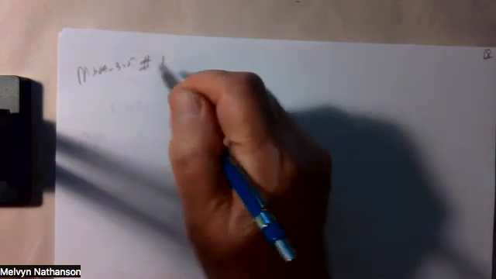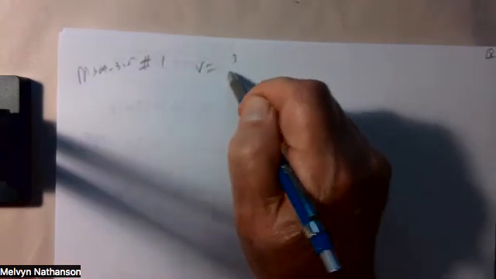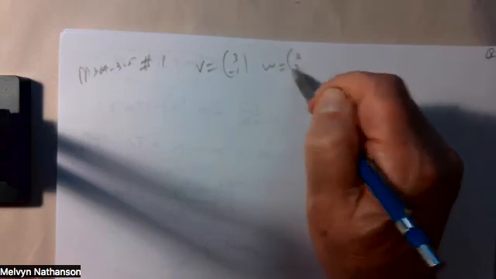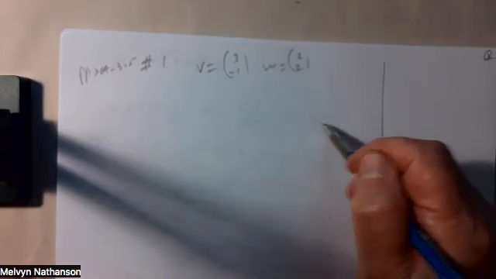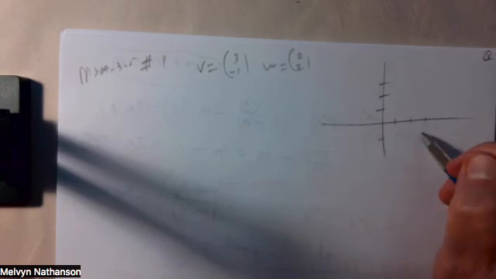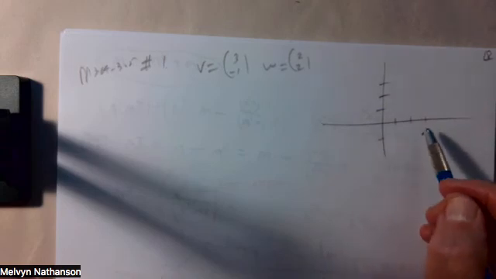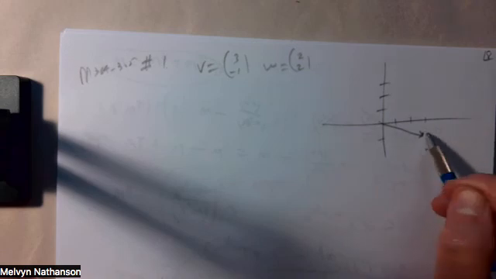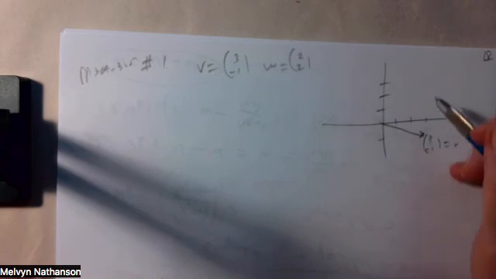On page 304, 305, number 1, I have the vector V, which is (3, minus 1), and the vector W, which is (2, 2). What does that look like in the plane? Here's (3, minus 1). That's the vector V. The vector (2, 2) is over here.